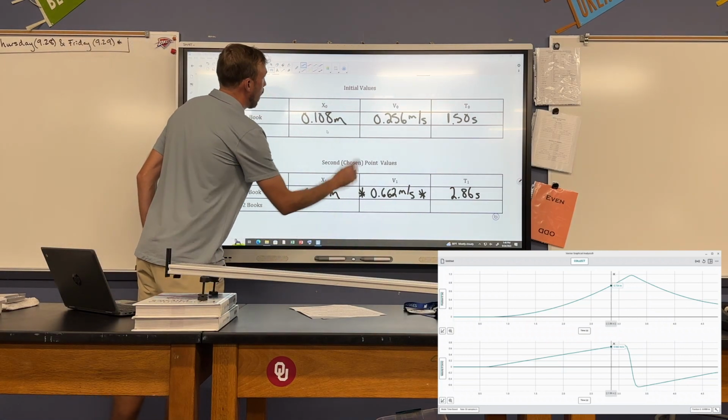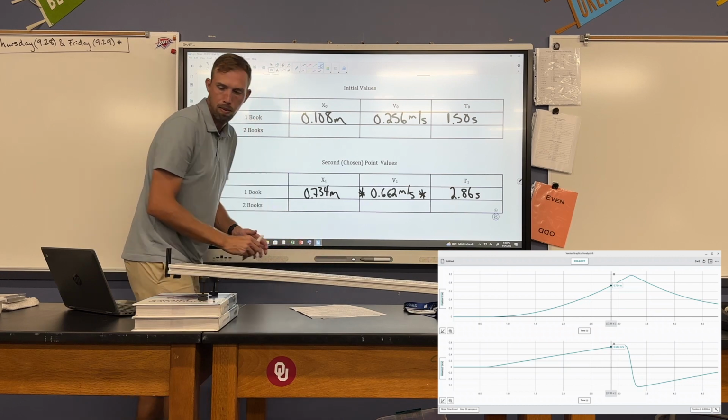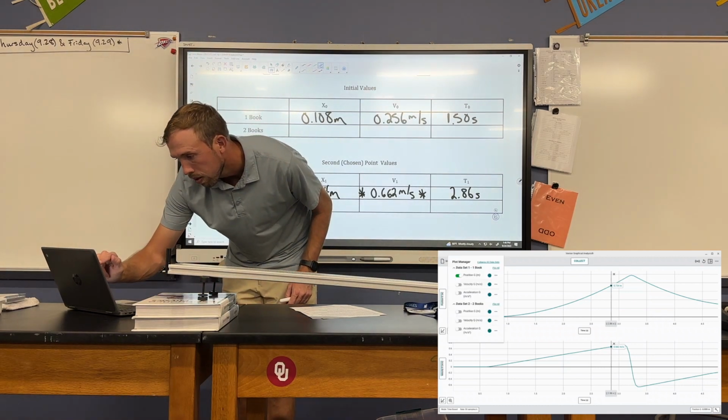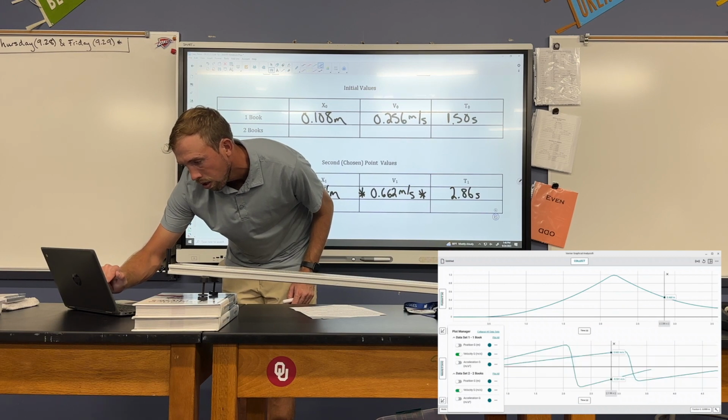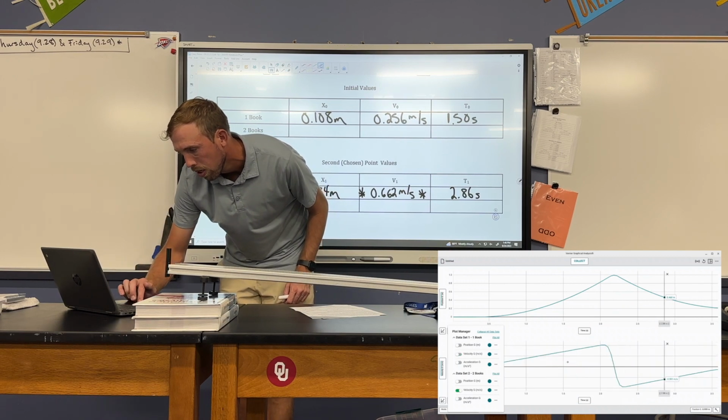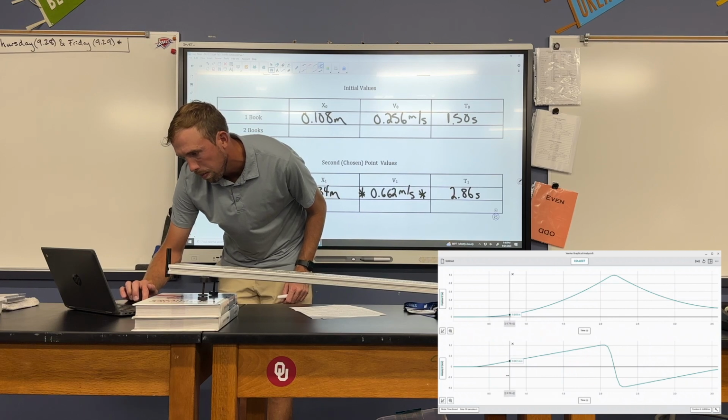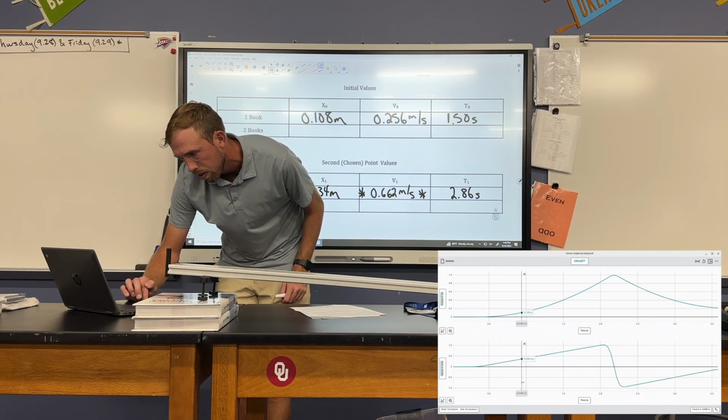Now I'm going to go through and do the same thing for my second book. So I'll turn my position on for book 2, off for 1, velocity on for book 2, and off for 1. Okay, so for 2 books, I'll just call this my initial point about right here.